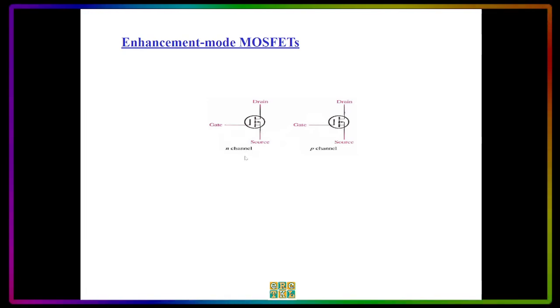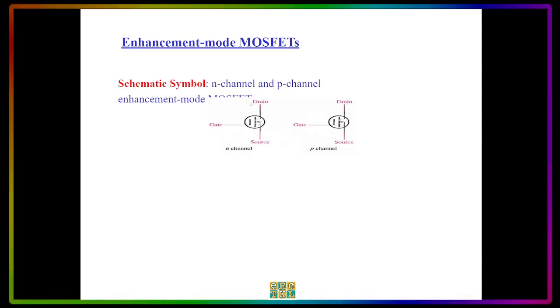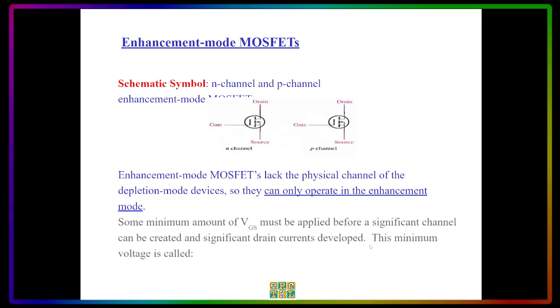This is called N-channel E-MOSFET, and this is called P-channel E-MOSFET. By the way, the arrow here is the same, going in for the N-channel and going out for the P-channel. So this is the schematic of the N-channel and P-channel enhancement mode MOSFET. It lacks the physical channel of the depletion mode devices, so they can only operate in enhancement mode.